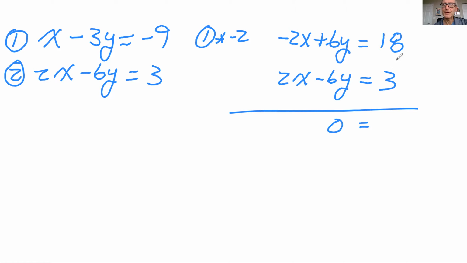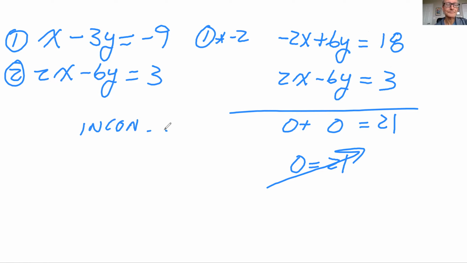This would be 21. What happens to the x's? They also cancel. So 0 equals 21. That makes no sense, right? That's impossible. So what is this? This is that idea of inconsistent. I would prefer no solution, but you'll see in my math lab, they'll say inconsistent. But what's more important is what kind of lines are these?